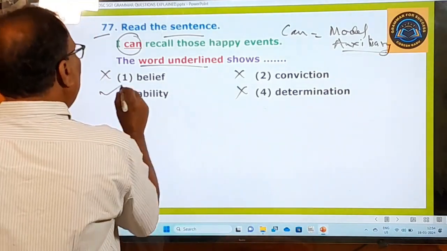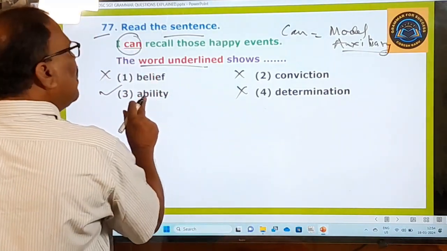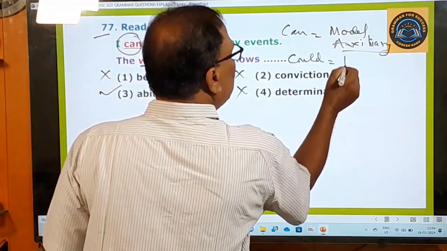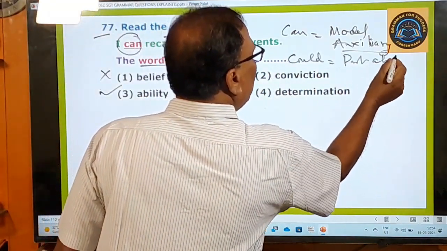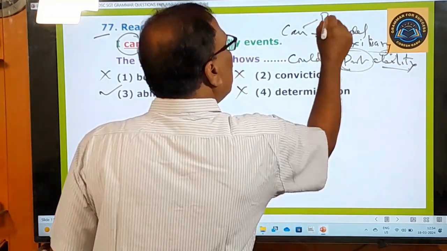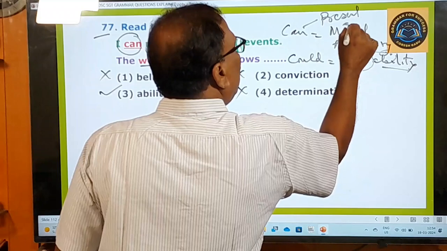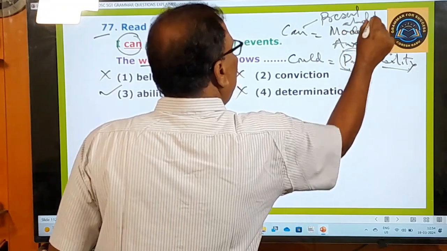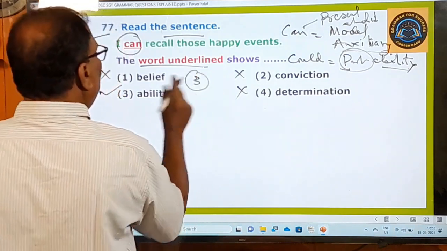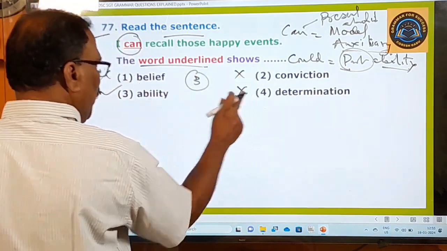And ability: this can always indicates the present ability, and could indicates the past ability. Of course, could also indicates ability, but past ability; can indicates the present ability. Therefore, your answer is going to be the third one, not the first, second or fourth one.